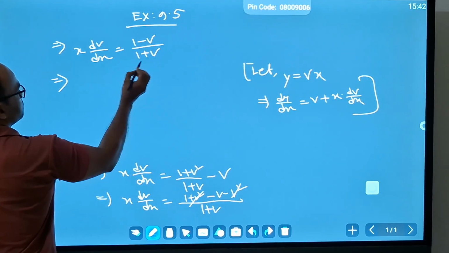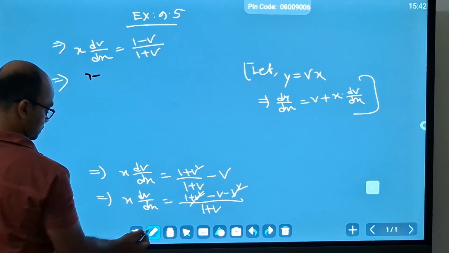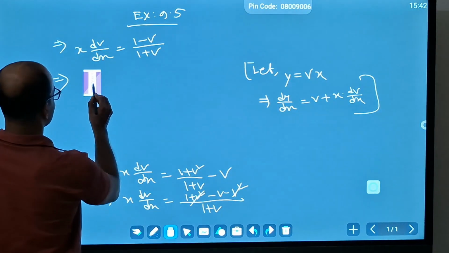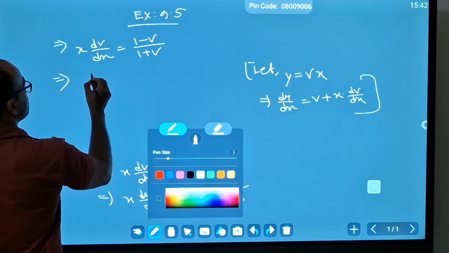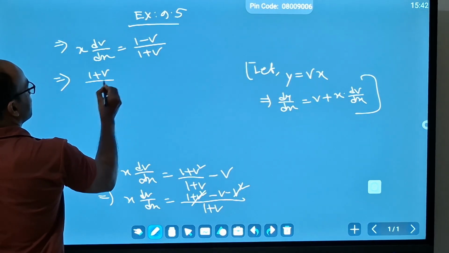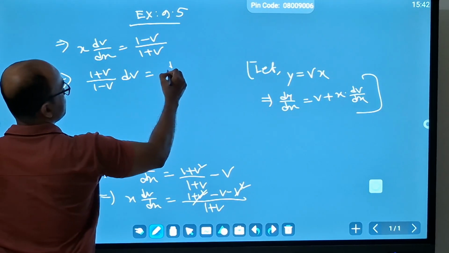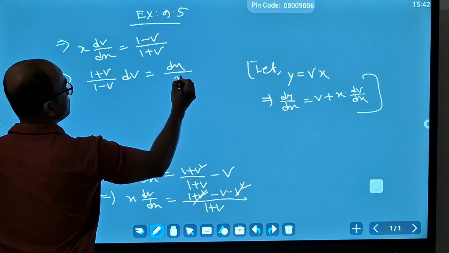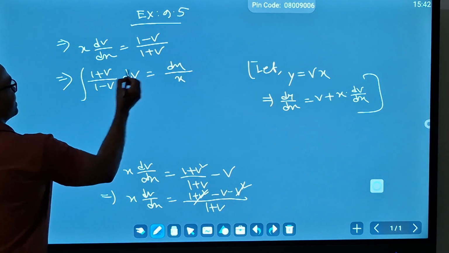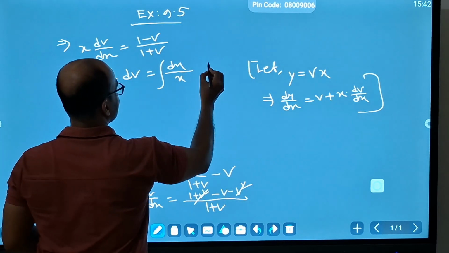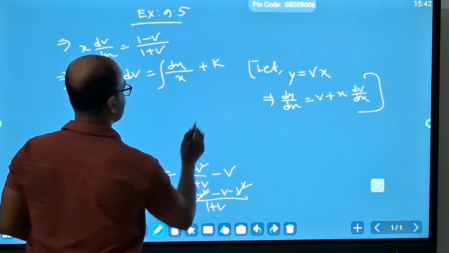So (1 plus v) upon (1 minus v) with dv equals dx by x, taking integration and plus k as before.